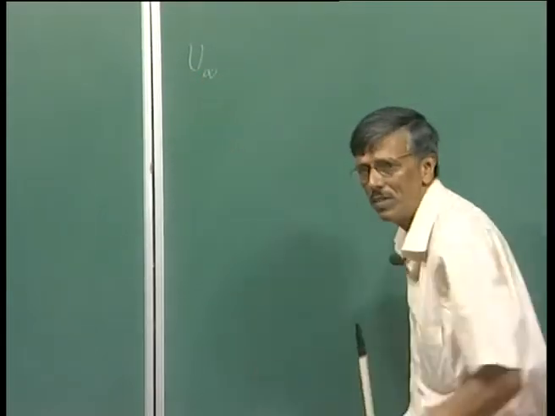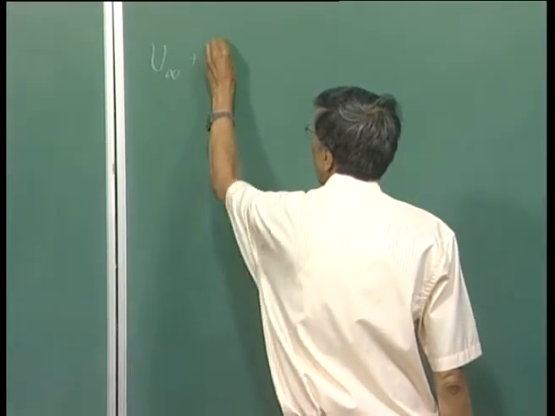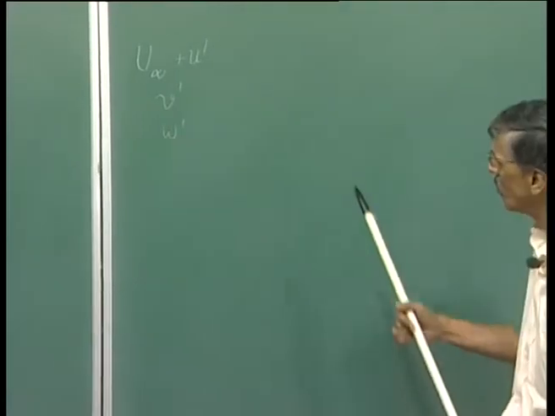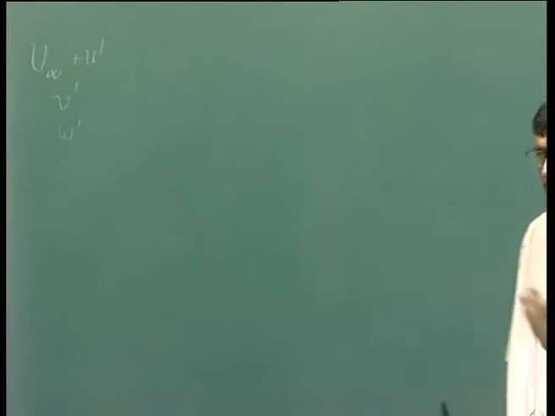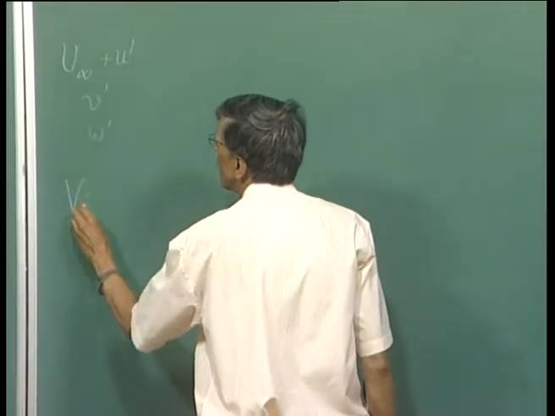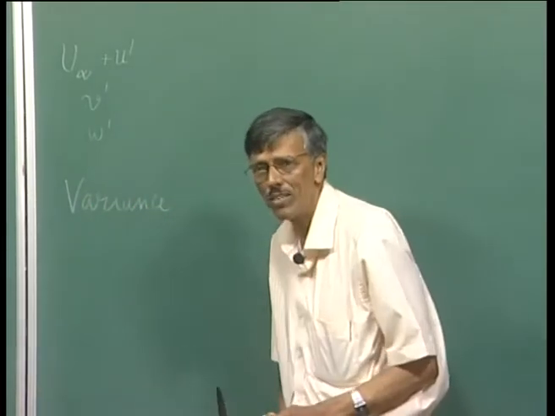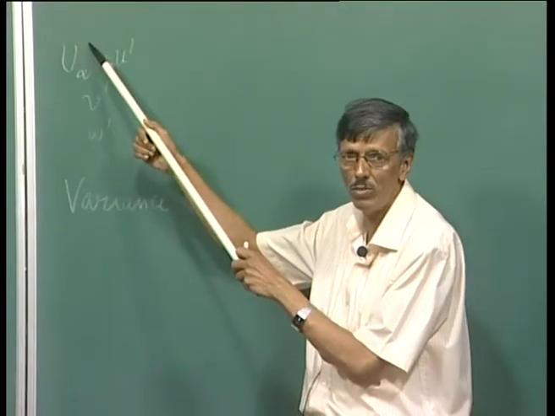One of the most common moments that we usually use: let us say I am trying to create u infinity. So, in the tunnel what we end up doing is some kind of u prime, v prime, w prime, where these u prime, v prime, w prime are the random stochastic components. Then I could define the variance. What about the mean? Mean is straightforward. These are truly random quantities. The mean will come out as u infinity.